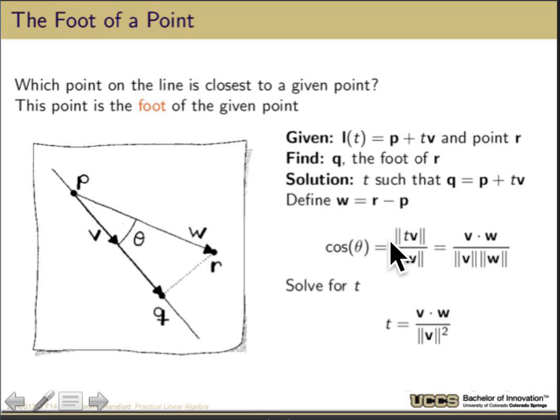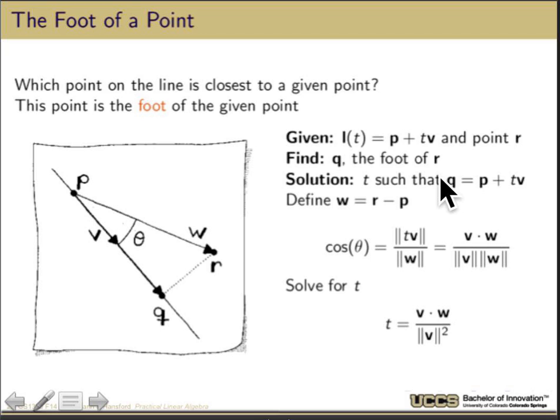Why am I allowed to do that? Well, remember, t is a scalar, and a scalar times a vector, in terms of magnitude, is just the magnitude of the vector times the scalar. So that lets us solve for t. This will give us the value along the line v, and therefore I can then compute q and get the foot of a point, which is the closest point on a line to another point.